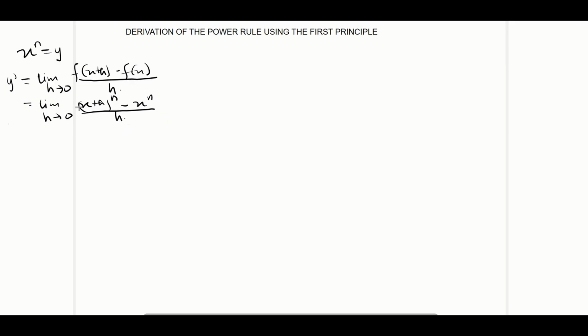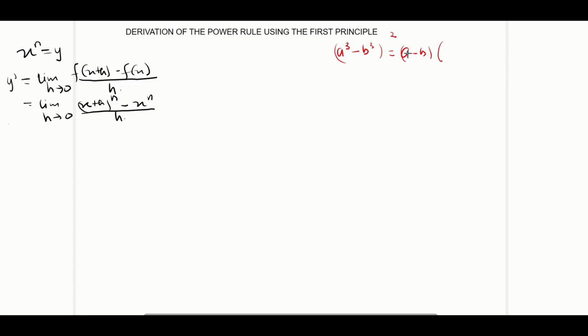Now let's see how we can break down the form of this function. Let's take, for example, a to the power 3 minus b to the power 3. How can we expand this? This can be expanded by taking a minus b as one of the terms. Then we take 1 out of the highest power, which is 3, so we are left with 2.